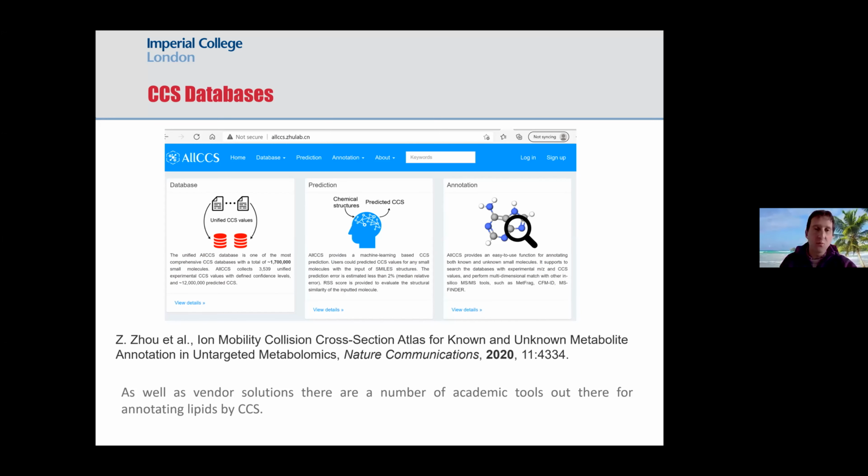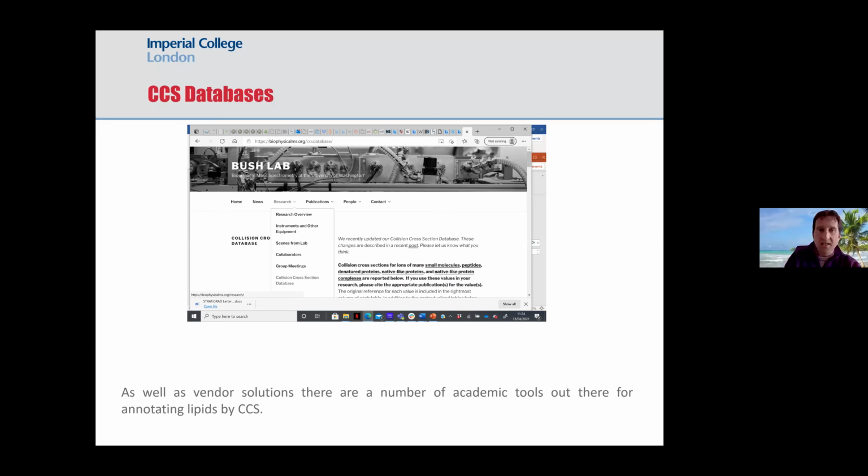So this is some work that's come out of Jiang Zhu's lab in Shanghai, all CCS down here, where there's a fantastic number of different species, lipids and small molecules, where they've predicted CCS values and then gone through and measured many of those to check that their values make sense. And there are other databases out there.